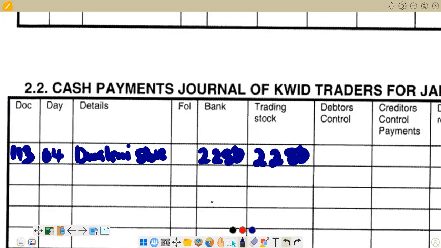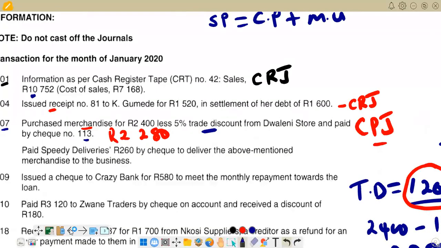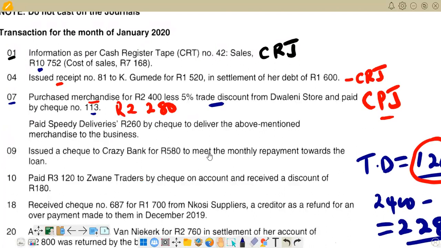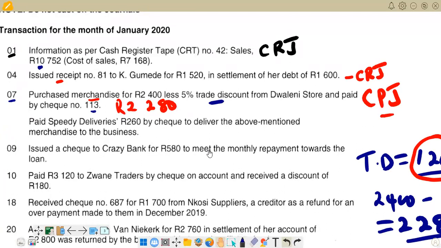So this is what we have now in terms of this one. We have highlighted the two accounts that have been affected there. So we go back now. We see the next one. We check what we have next. We are still there.